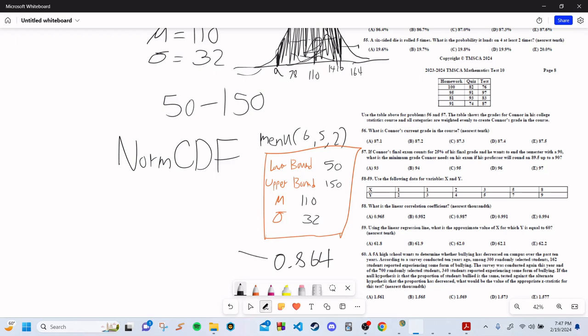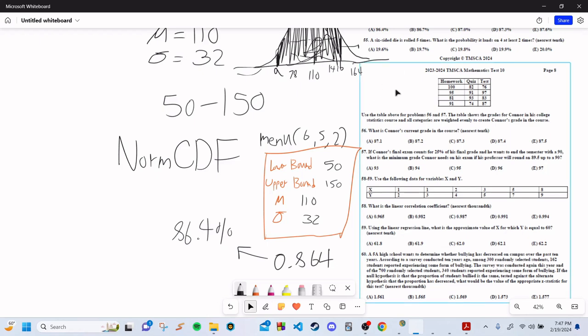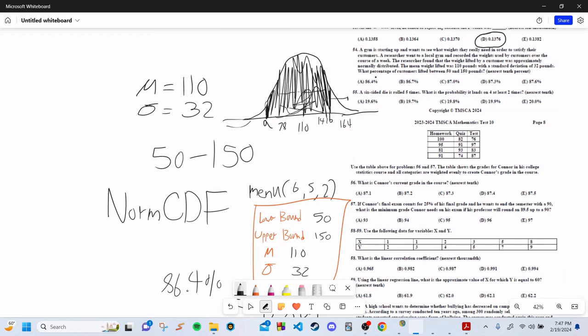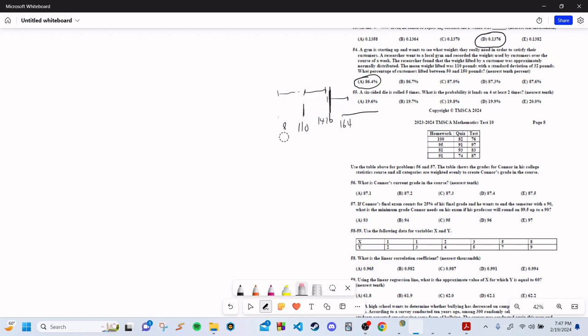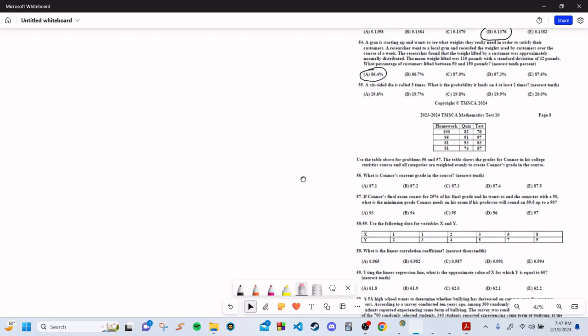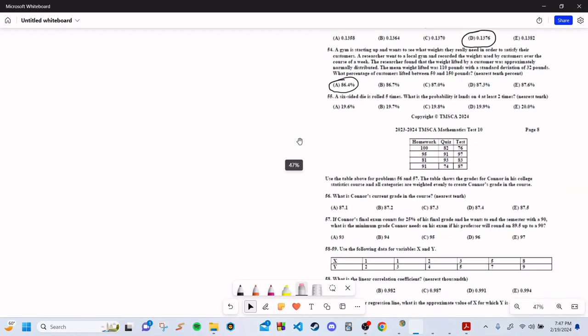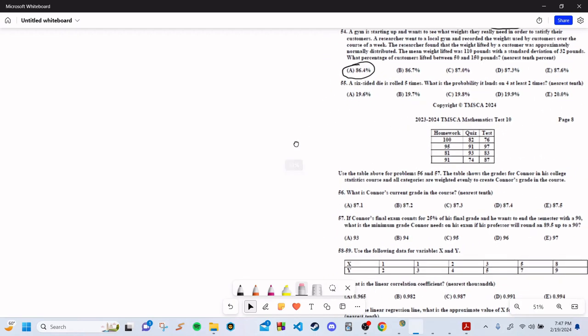And so that right there is 86.4% of values fall between 50 and 150. And so our answer is going to be answer choice A. So know when to use a normal CDF. It's when you want to find this percentage between these two values, given a mean and standard deviation, and how to navigate to that function on your nSpire.